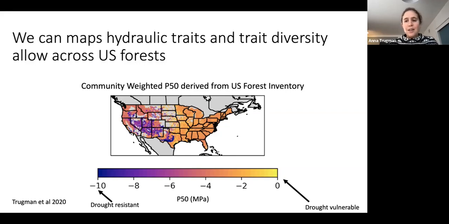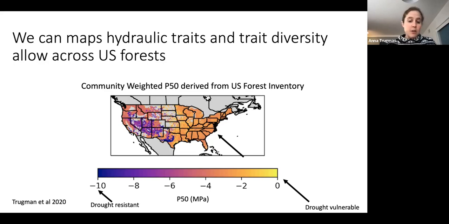And if you're familiar with the climate of the US, where it's actually much drier in the Western United States, and you have a lot more precipitation in the Eastern United States, this trait-based map makes a lot of sense from a physiological perspective. So we have these eastern forests where there's a lot of precipitation and maybe water isn't the most limiting resource.